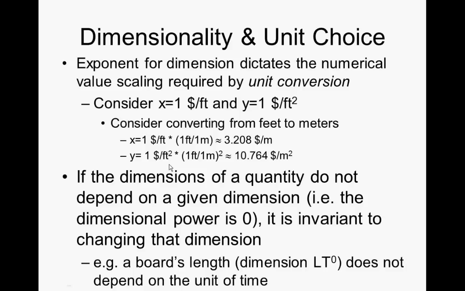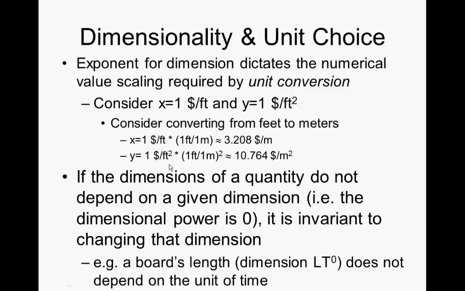We could write this as dollar over foot times month, right? What would be the exponent associated with time for that? -1. It'd be -1, because time is in the denominator here to the 1 power. We don't write it as month to the 1, but it would be -1. Okay, so if we had dollar per foot per month, it would be that.